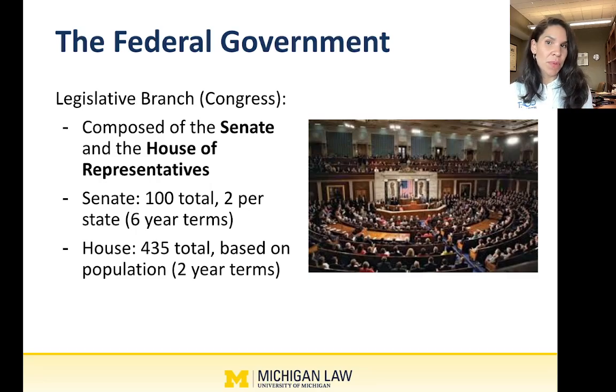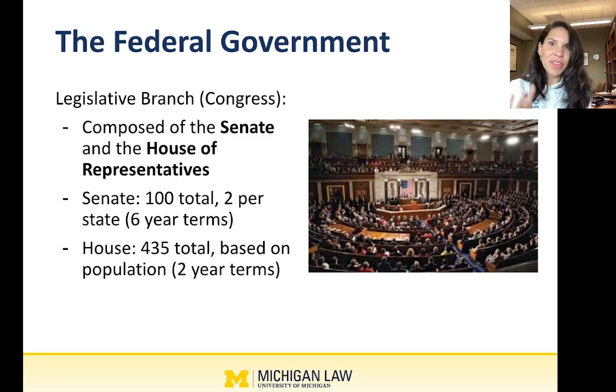The Senate is smaller. They serve longer. The Senate has a lot more continuity and stability, whereas the House is very fluid. It changes quite a bit. And because there are more members, you tend to see a little more differences of positions.